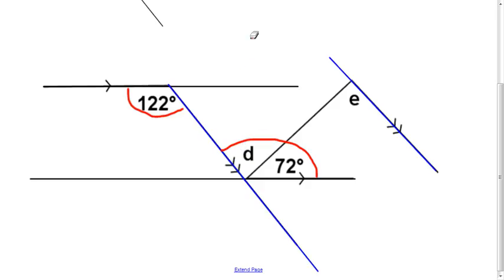So 122 minus 72 gives us 50. And now if we look at the blue lines, we see that D and E are alternate interior angles, so E is also 50 degrees.